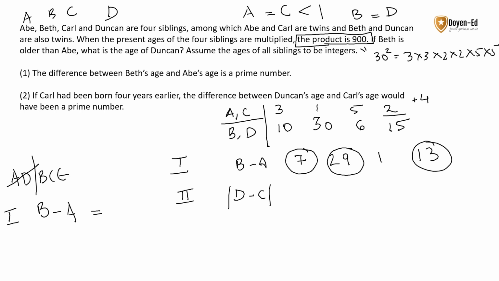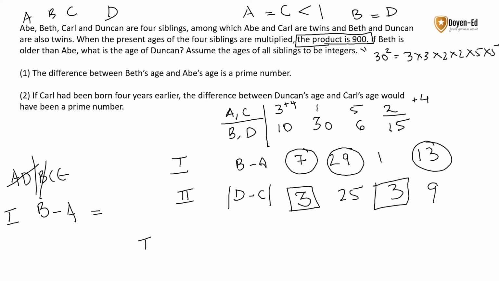If I add 4 to 3, it's 10 minus 7, which is 3. If I add 4 here, it is 30 minus 5, which is 25. If I add 4 here, it's 9 minus 6, which is 3. If I add 4 here, it is 15 minus 6, which is 9. As you can see, we have two options which come out to be prime. That means B alone is also not going to help you answer the question, so B gets eliminated.